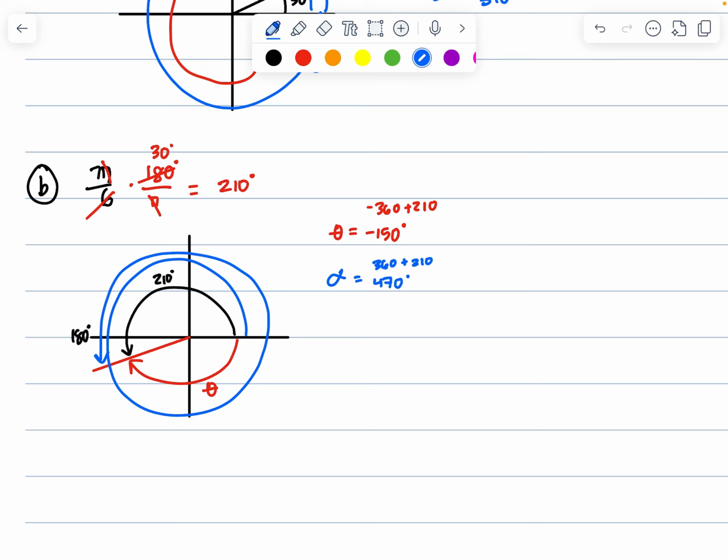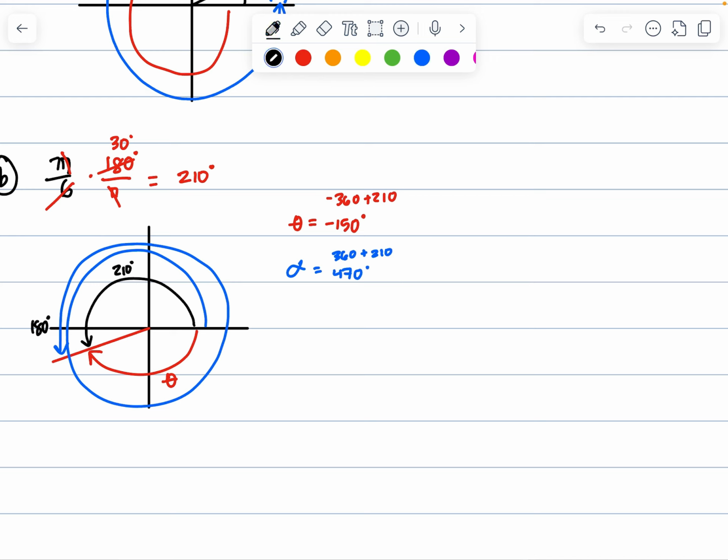Technically, you could also do this in terms of radians. So if I did this problem, I'm going to do this an alternate way, in radians.